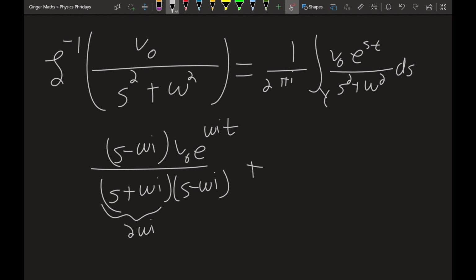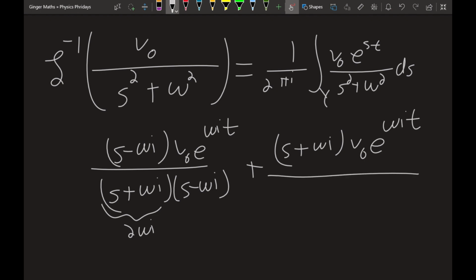Doing our second residue, what we're going to get is an s plus omega i this time in the limit, times v naught times e to the minus omega i t, divided by minus 2 omega i, and then an s plus omega i.